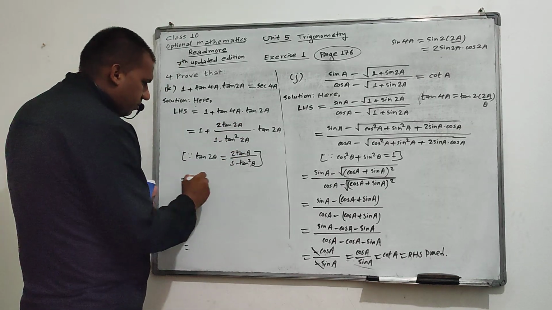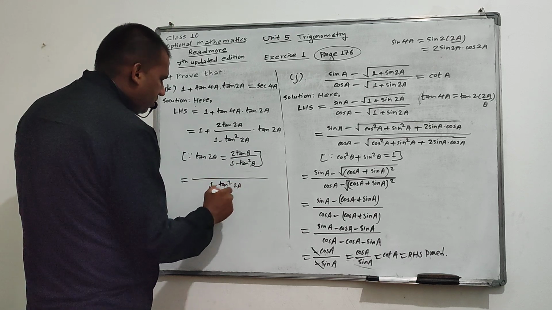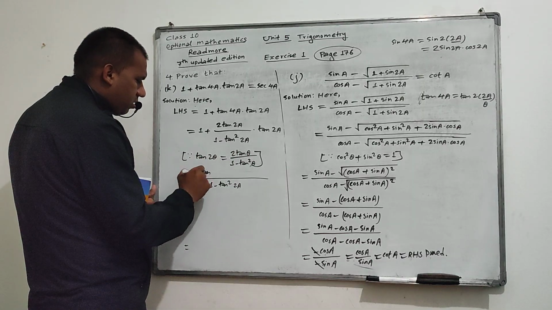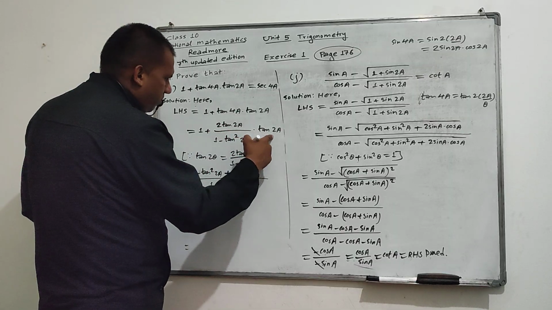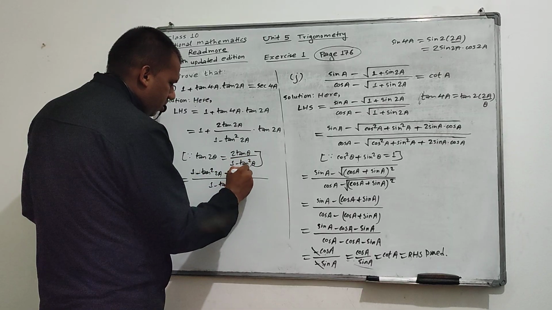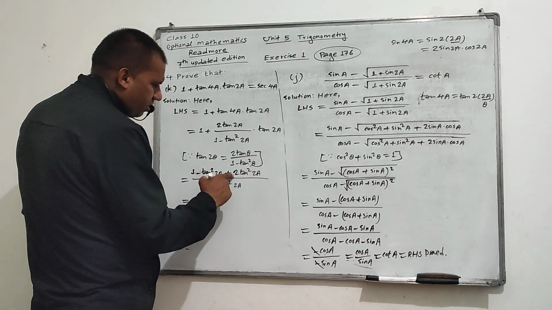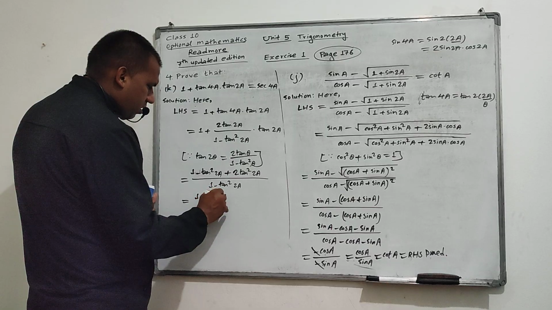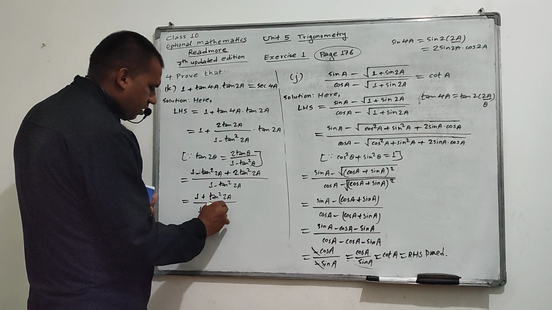Now taking LCM, 1 minus tan square phi plus 2 tan phi into tan phi, 2 tan square phi. Minus tan square phi plus 2 tan square phi, remaining 1 plus tan square phi whole upon 1 minus tan square phi.